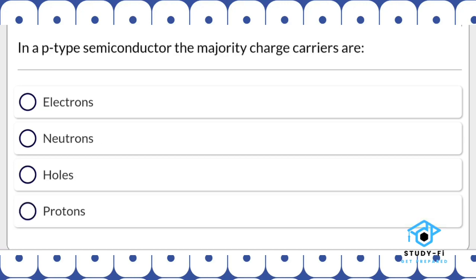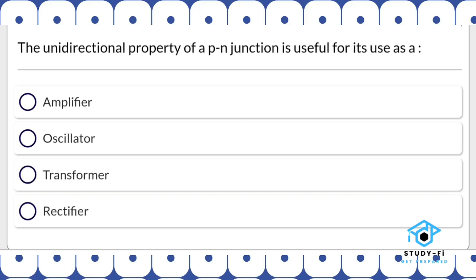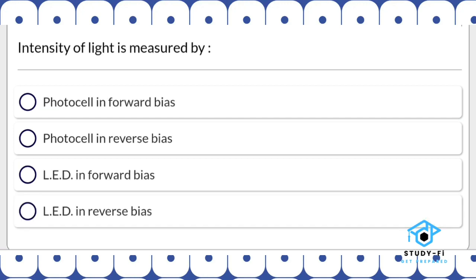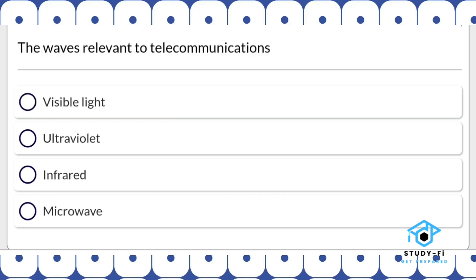In a p-type semiconductor, the majority charge carriers are holes. The unidirectional property of a PN junction is useful for its use as a rectifier. Intensity of light is measured by photocell.